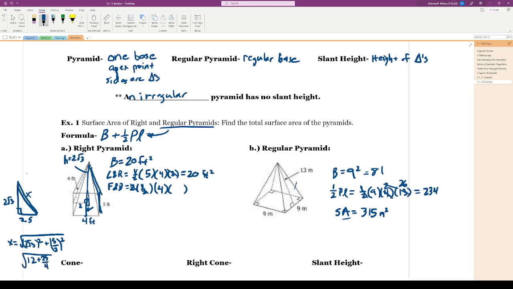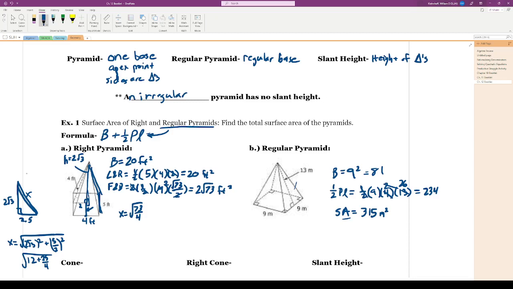So if we convert those both into fourths, that's 48 plus 25, which is 73/4. So this x is the square root of 73/4. But at least that 4 part is a perfect square. So we could call that square root of 73 over 2 and get that out of the radical. Cool. So this 4 and this 2 become a 2. So we get 2 root 73 square feet. That's the total for the front and the back face.